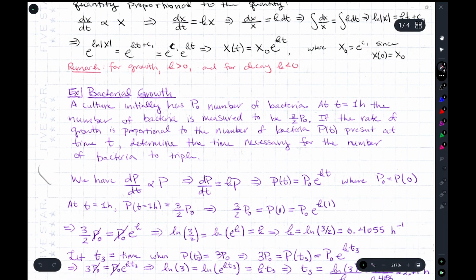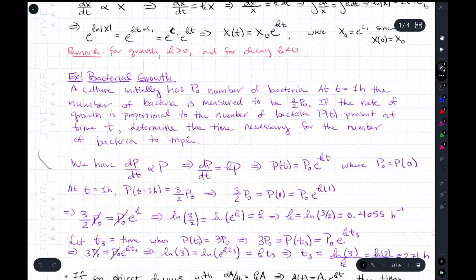Okay, so we know the initial population. We know at t equals 0, where we set our clock to the 0 time, we have a population of P naught. We know after 1 hour, we have a population of 1.5 times that. And we want to know when the population will triple. So one big problem in this problem is we don't know k.